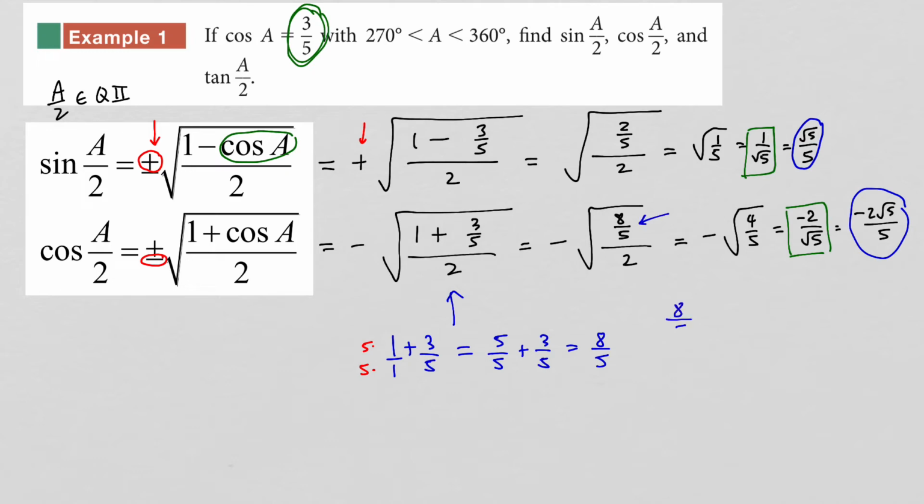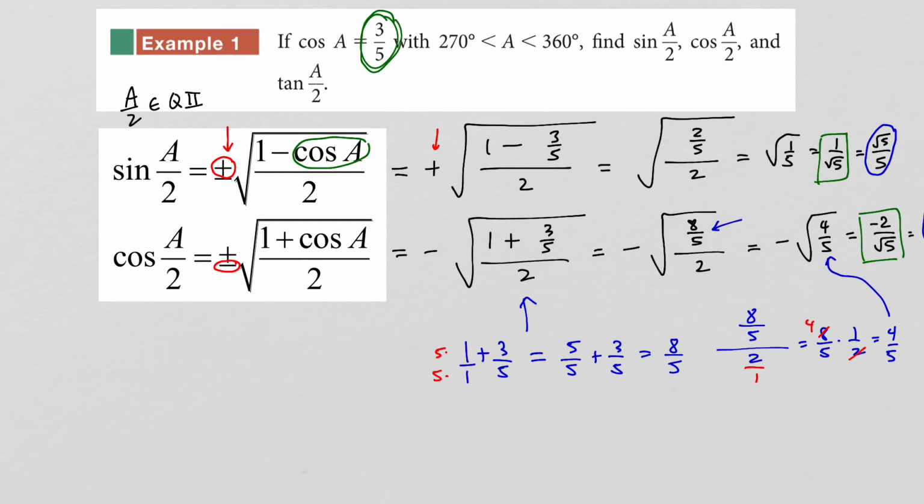And then 8/5 divided by 2, remember 2 is 2 over 1. And so this is just 8/5 multiplied by 1 over 2. And 2 goes into 8 4 times, and that gives us 4/5. Okay, and that's how I got that number. All right, so there are some semantics involved with arithmetic, but with practice, you will get better at that.